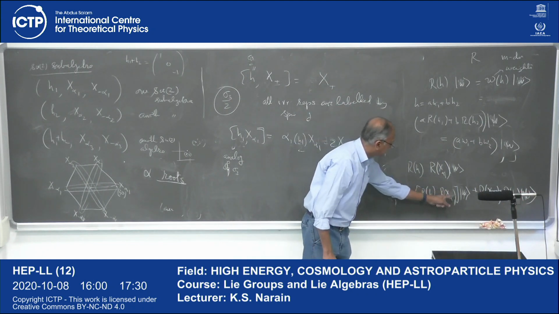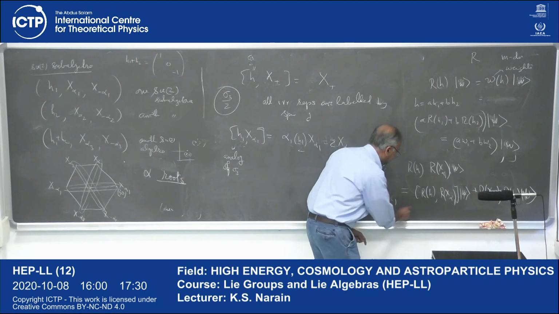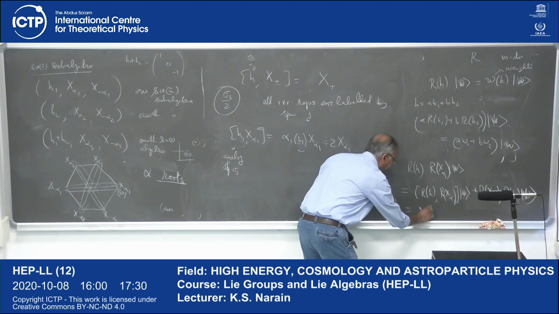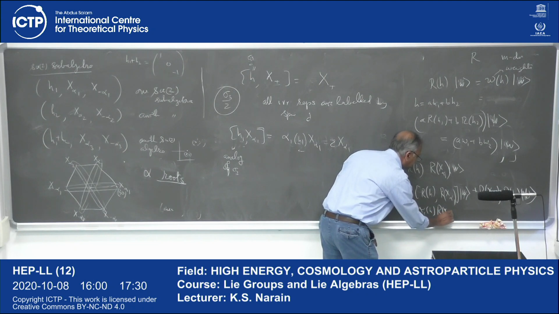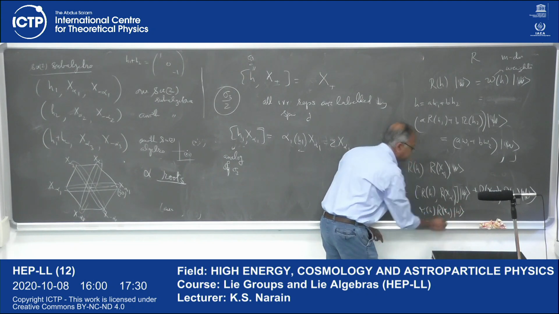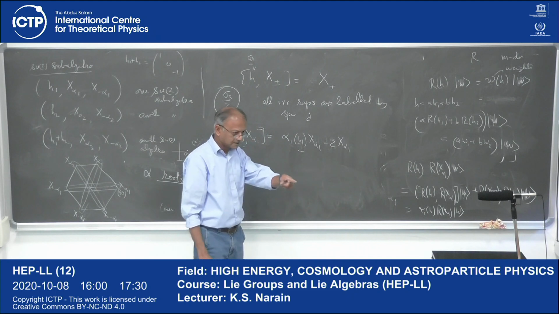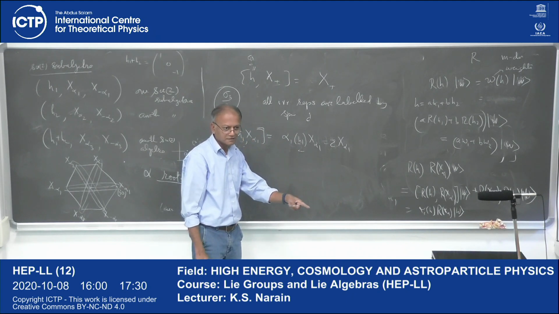Now this term is simply alpha 1 of H, right? This is alpha 1 of H times R x alpha acting on W.